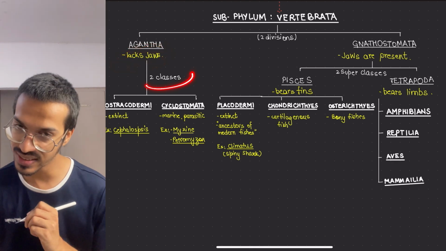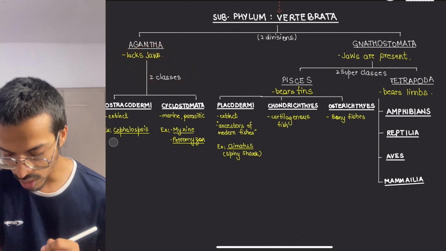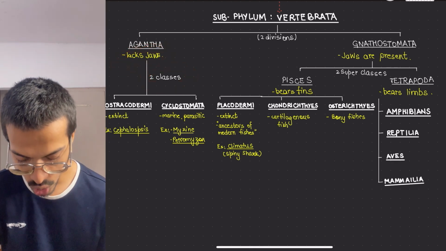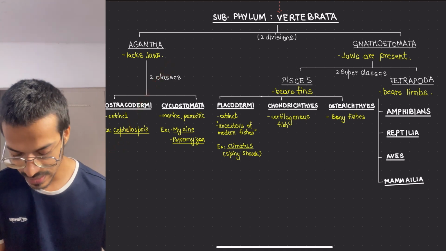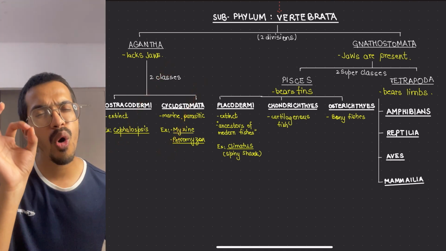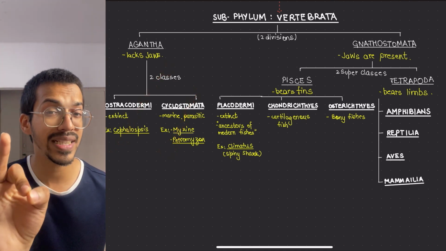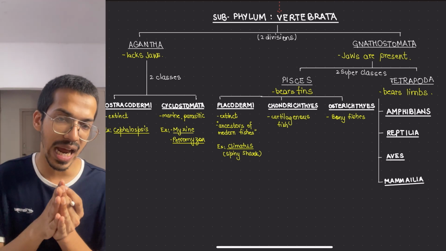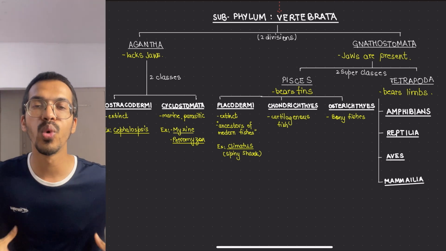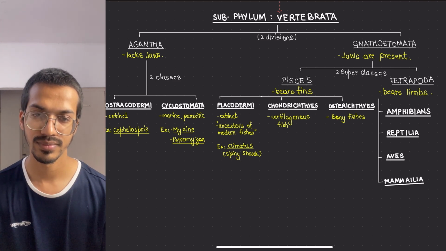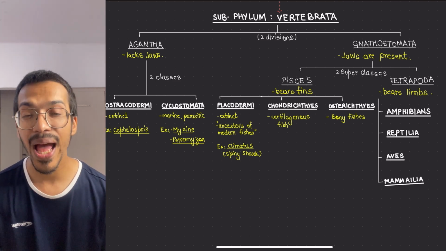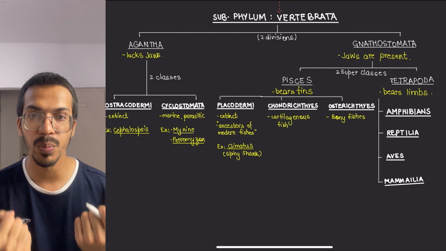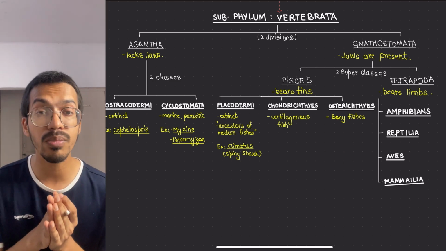There are two classes present in that. One is Ostracodermi, another is Cyclostomata. Wherever the word ostra is coming, it means bony. Just imagine that you are putting bone on your body. What would happen? Weight. Bones have the maximum weight in your body.